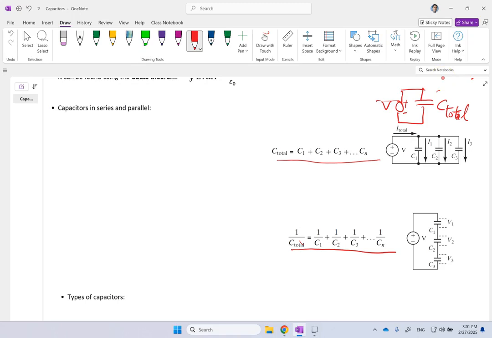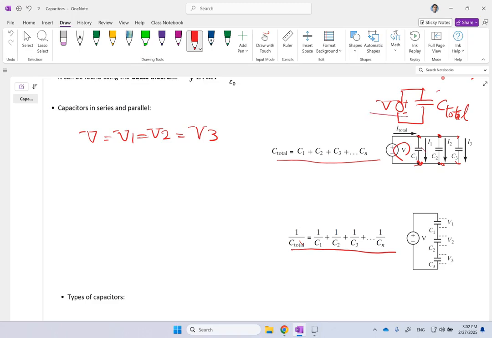Well, remember that in the case of parallel circuits, the voltage across all of these capacitors are all the same and they're all equal to V. So I can say that V equals V1 equals V2 equals V3. Yes? That's obvious. Now, let's look at the charges.